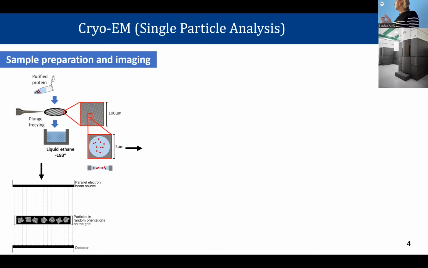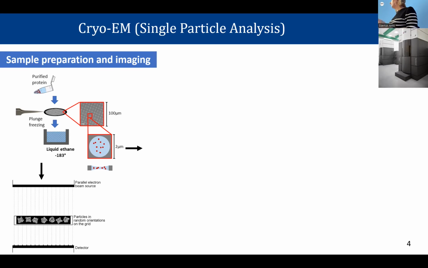This grid is plunged into liquid ethane at a temperature of around minus 180 degrees Celsius. And the complexes are then sitting in a very thin layer of ice in different orientations.